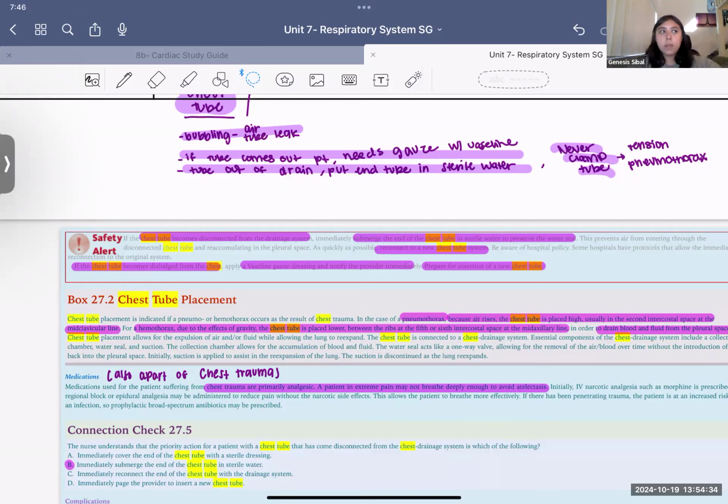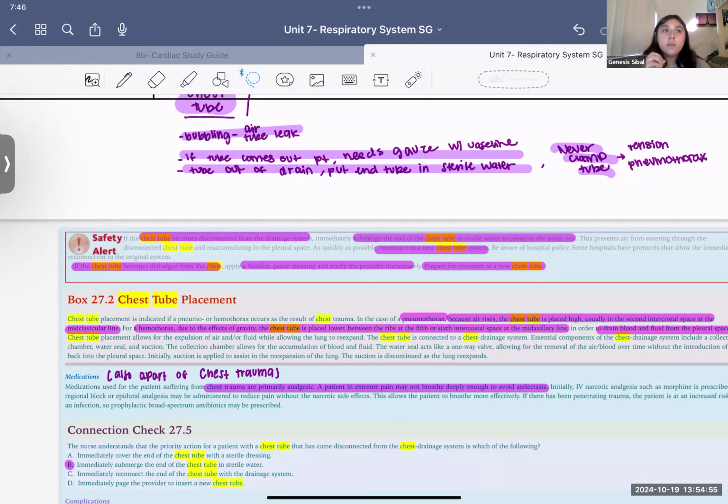So you're not having air just come in and out. You're having that air come out still, and you're not having the air come in. So that's why we do that. But just know, if you're going to put gauze on them, you're going to put the petroleum jelly, and you're going to only tape it 3 sides, but you're doing that if it gets disconnected from the patient, not if it gets disconnected from the drainage system.